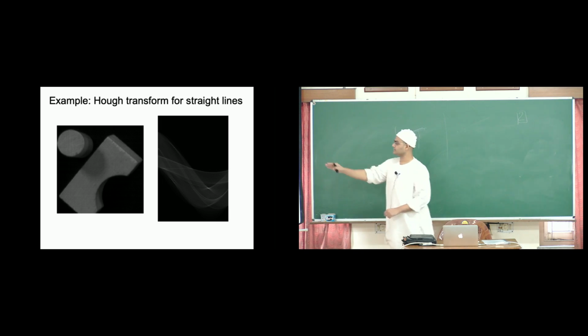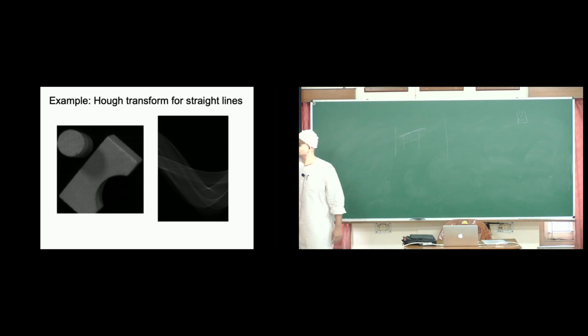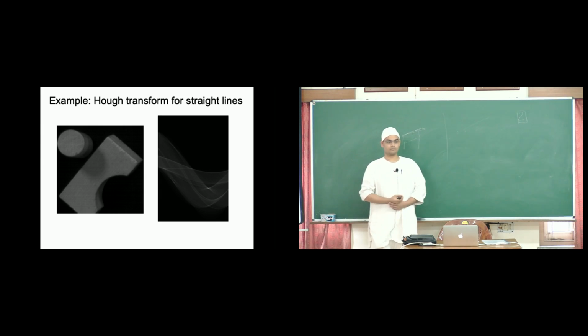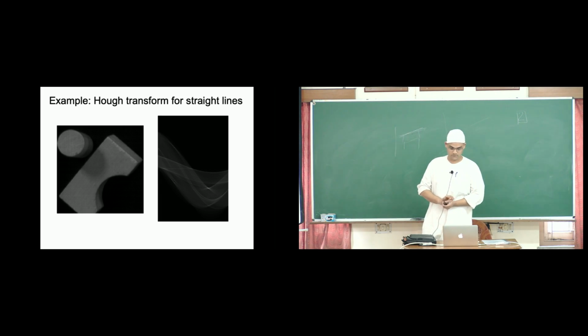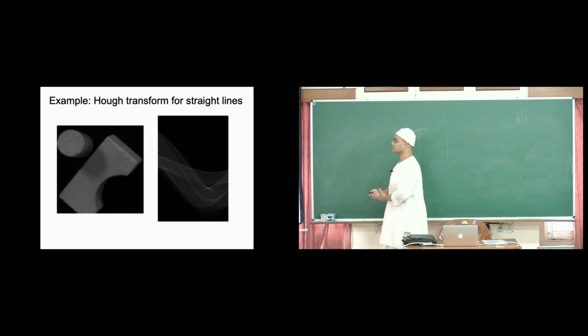If I have a line like this again, then what is the D going to be? The D would be like this, outside the image, negative. So both the theta and D can be negative, because we need to consider them as vectors.